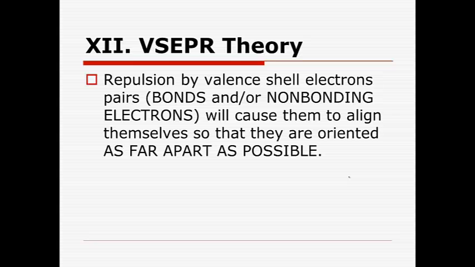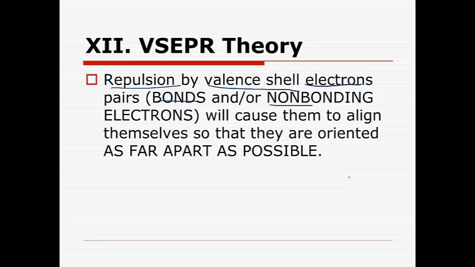The idea is that the valence shell electrons, meaning either bonds or non-bonding electrons, repel each other. They don't like to be next to each other, so it causes them to align themselves as far apart as possible.